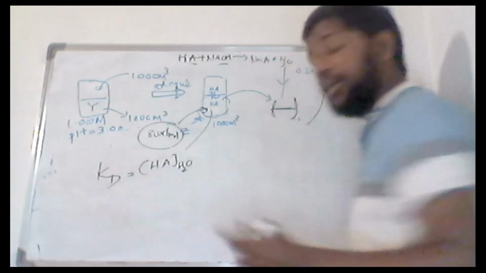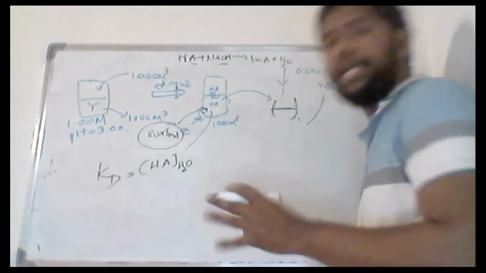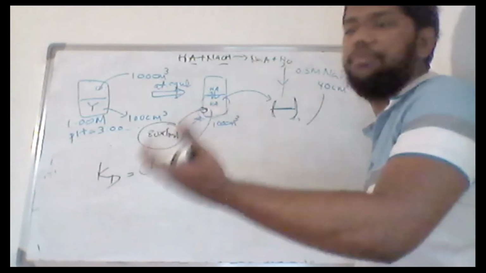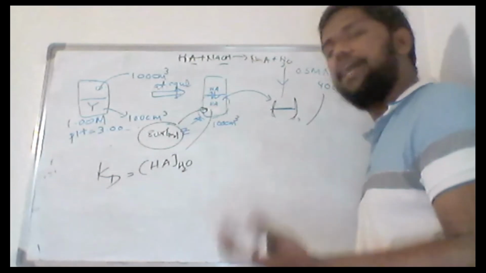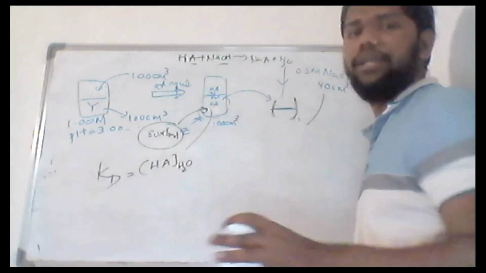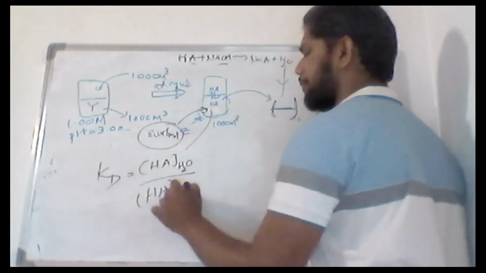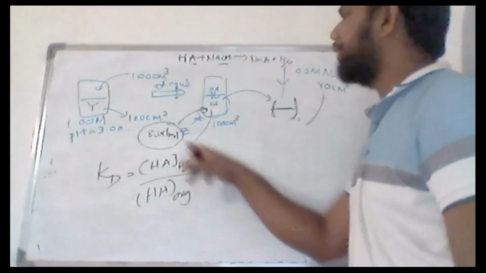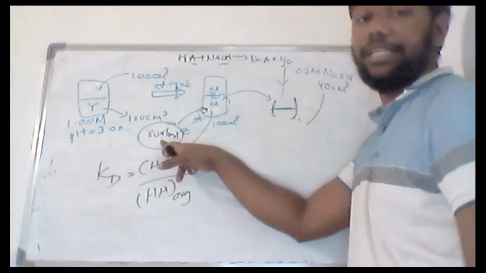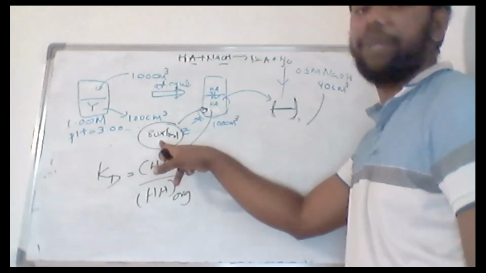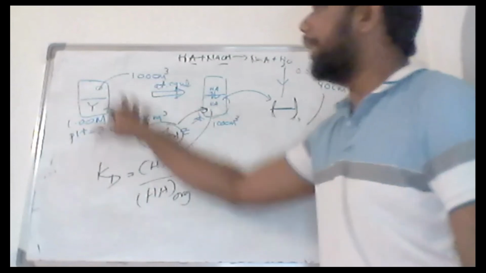They are trying to find the partition coefficient between water and organic. It doesn't matter whether you find it between organic and water, but here they have asked about water and organic. So I'm going to find it like this. You know how much HA is present in H2O. This is 80 into 10 to the power minus 3 mole. And you know the initial amount.